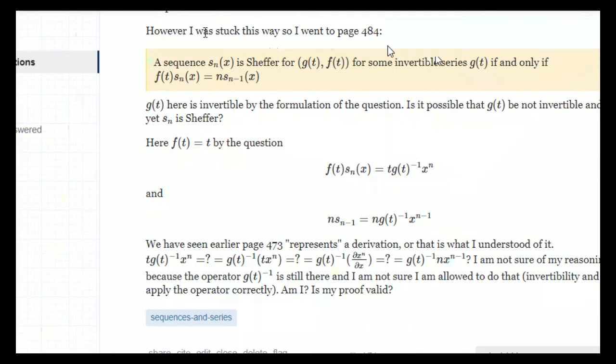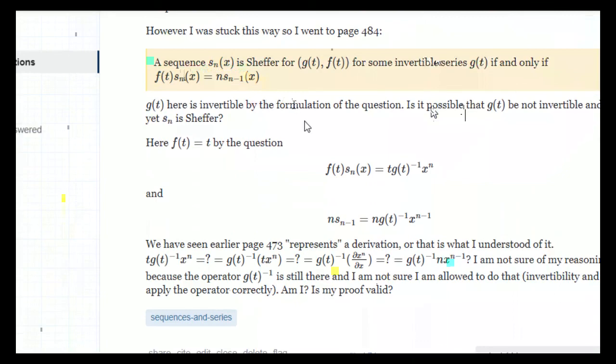So I was stuck, and I went back to this page, and I saw a sequence is Sheffer for some invertible series g(t) if and only if f(t) S_n(x) is equal to n S_(n-1)(x). So I thought, that's convenient, because if we prove this, then we prove that, and it will also prove the other way around.